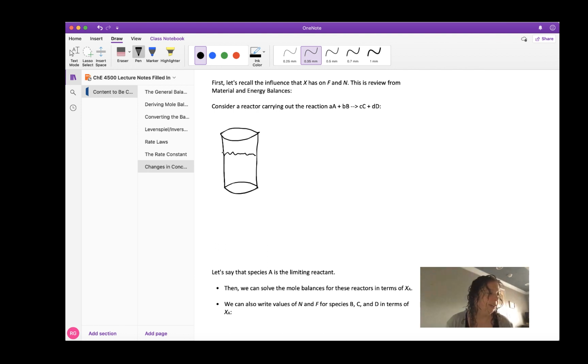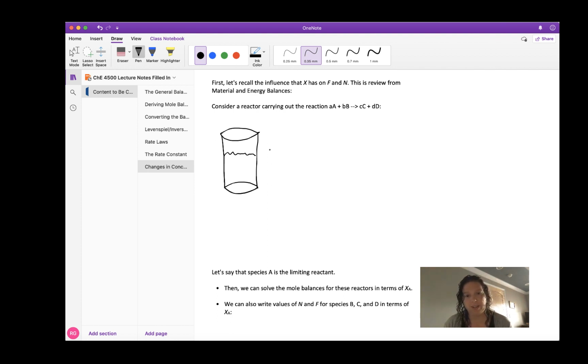And this is carrying out some reaction. We'll say it's carrying out the reaction aA plus bB goes to cC plus dD, where the lowercase letters are the stoichiometric coefficients. And this will be a liquid phase reaction.